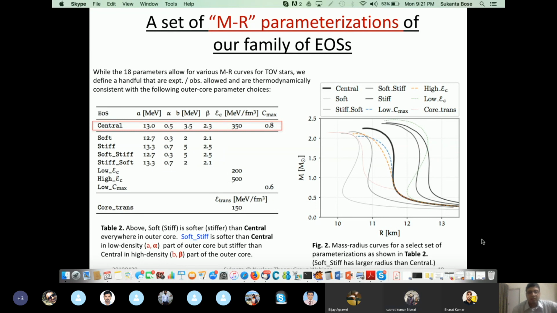We did keep these ranges in a ballpark where the maximum mass is limited to between about 2 and 2.5 solar masses. That is by design.